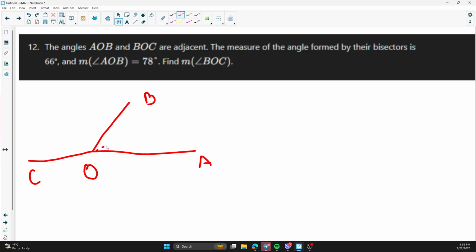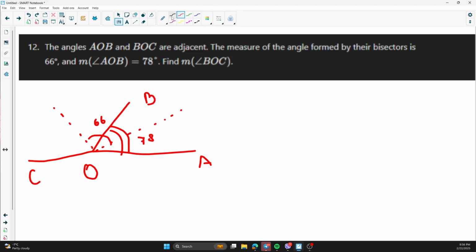So the bisector, right? From here to here, it's 66 degrees. And the AOB, this entire thing, is 78. So then 78 minus... No, wait, that's not how it works.